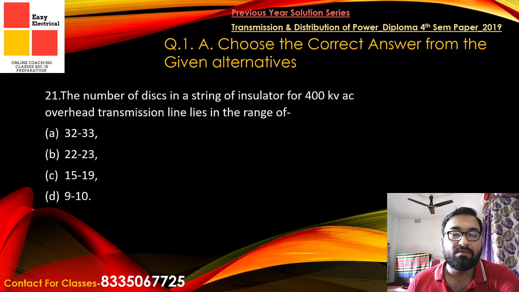Now coming to the next question, the number of discs in a string of insulators of 400 kV AC overhead transmission line lies in the range of. Generally this is 400 kV, that means we are using 11 kV per disc. So you can see that this number is coming out 32 to 33 if we divide that 400 kV by 11 kV.